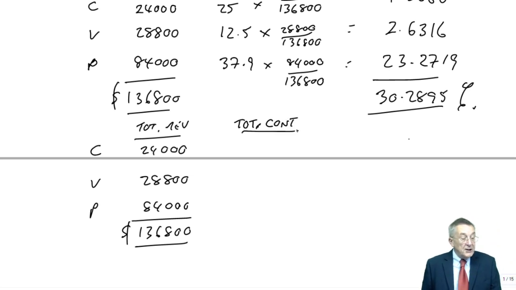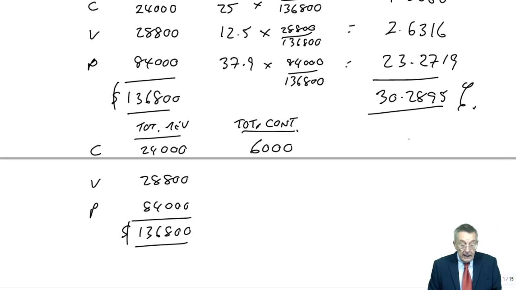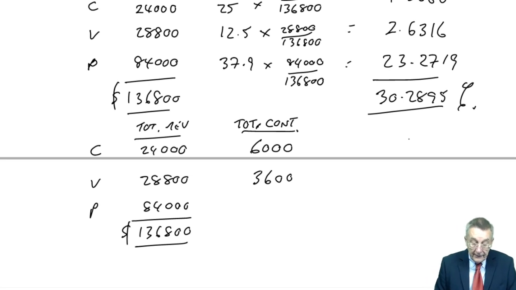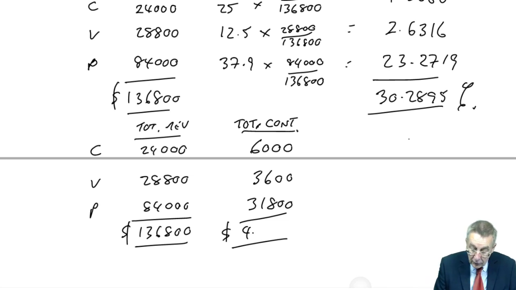So the total contribution we're expecting from C is 4,800 times 1.25, 6,000. From V, 4,800 units at 0.75 is 3,600. And for P, 12,000 at 2.65 is 31,800. So we're budgeting on a total contribution of 41,400.